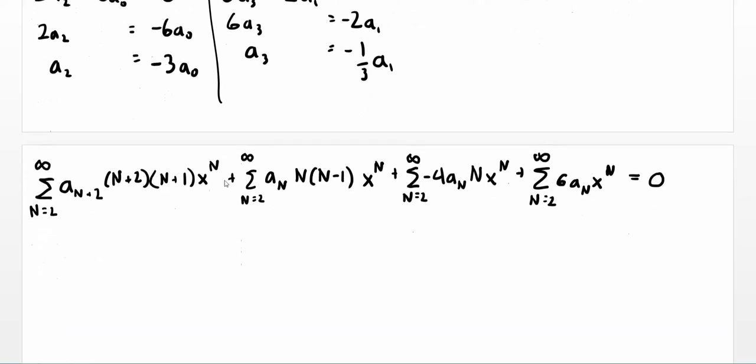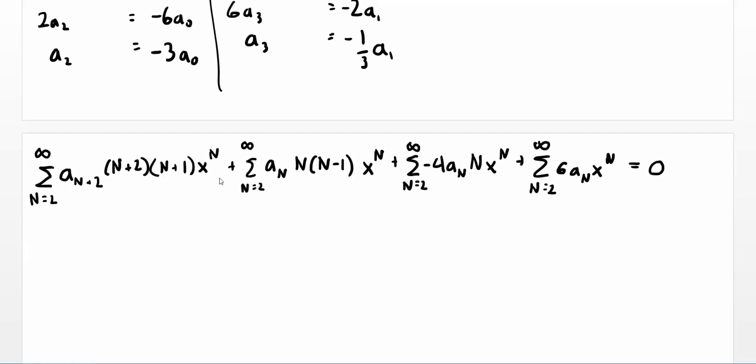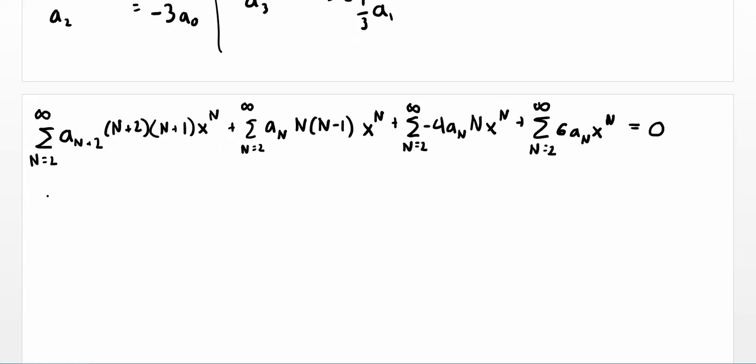So like before, we're going to add these series because they all have the same indices. We can add them and factor out the x to the n. So let's do that now. Factor out the x to the n first.